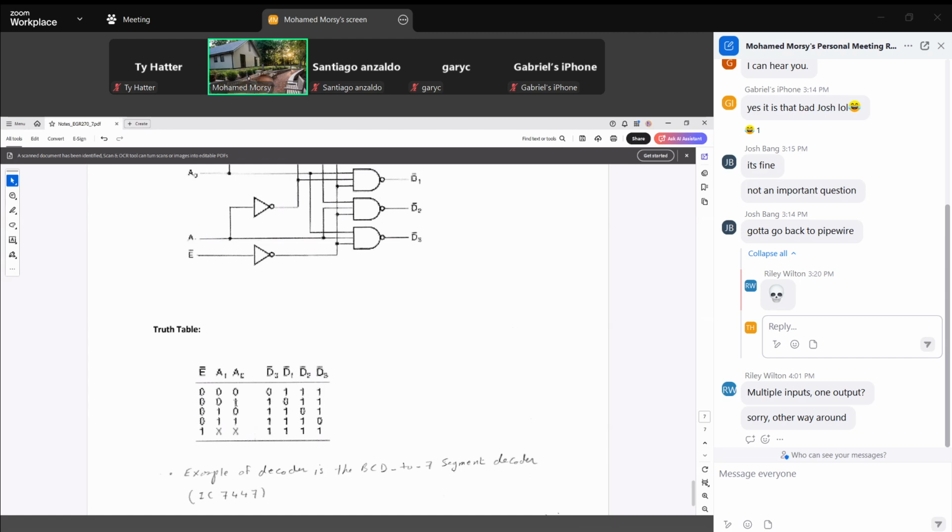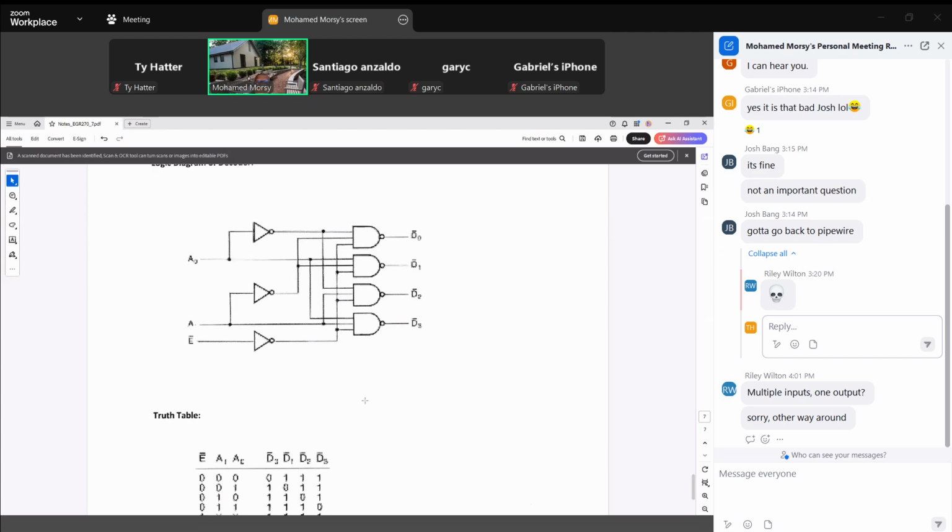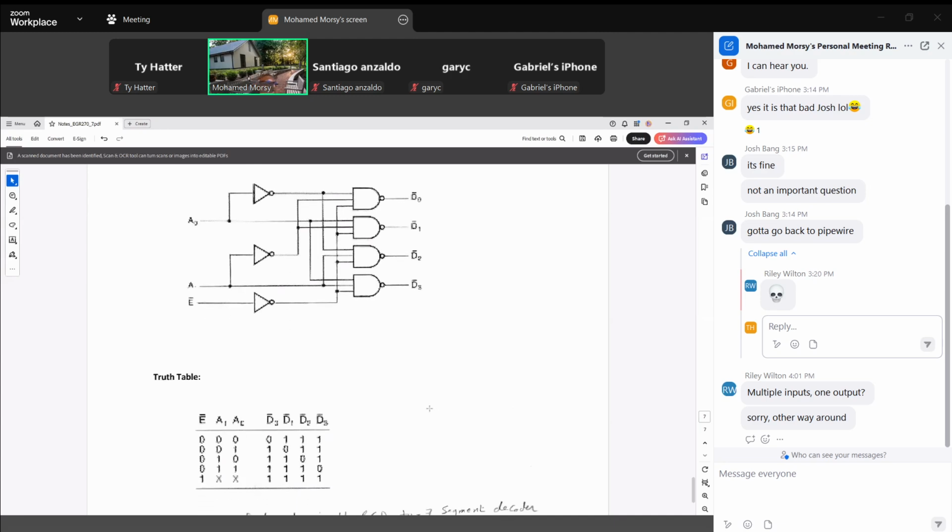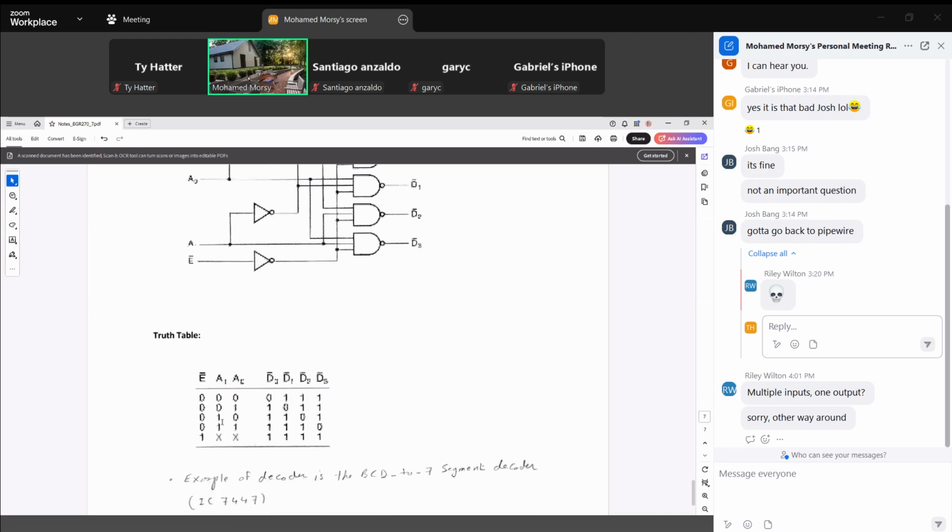So what do you think? Only D1 inverted will be 0 and the rest will be 1s, by the same approach we did. 0, 1 means D2, so D2 inverted is 0 and the rest are 1s. 1, 1 means D3, so D3 inverted is 0 and the rest are 1s.